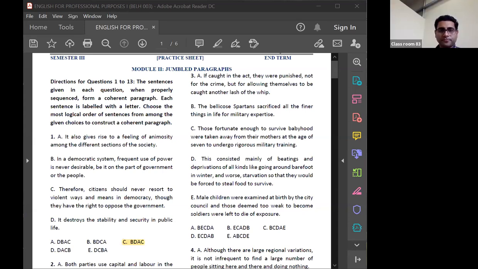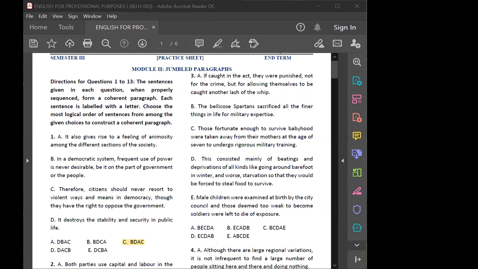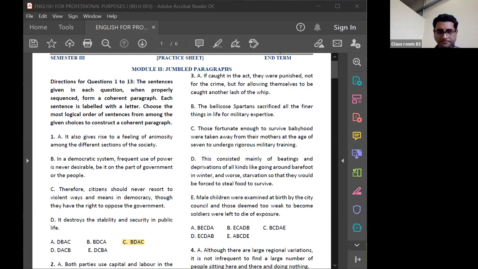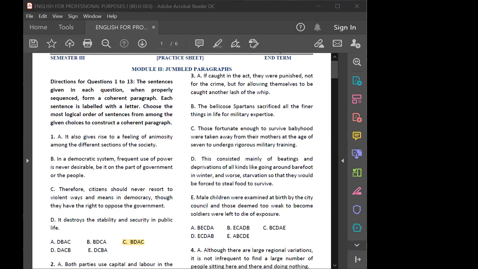Okay. And the finer things also refer to the male children. It can be. That's why. And so after B, male children, they are telling what finer things are sacrificed. And after that, C, those fortunate enough to survive, means male children.